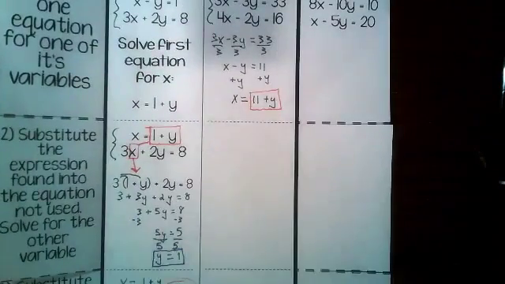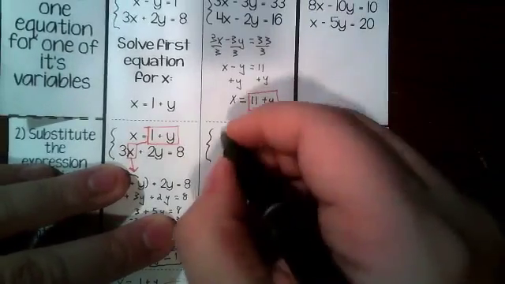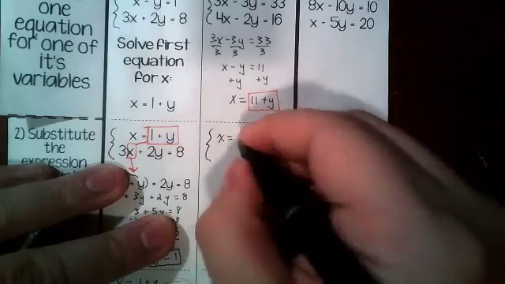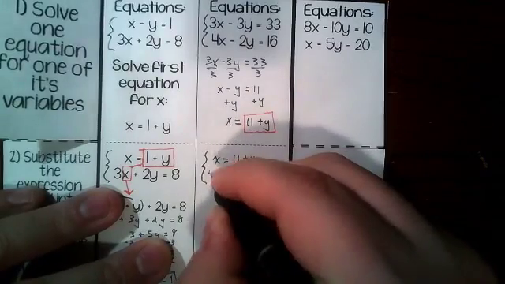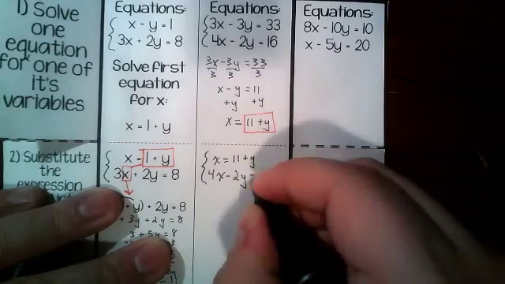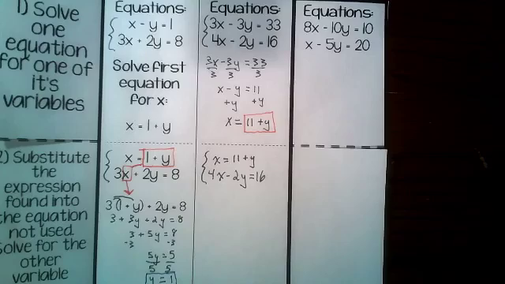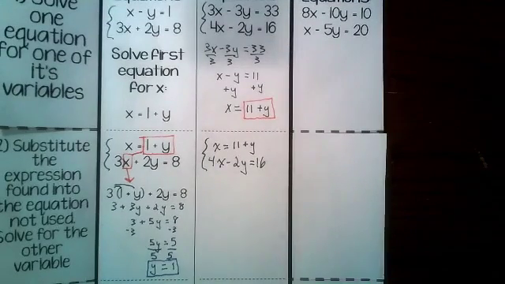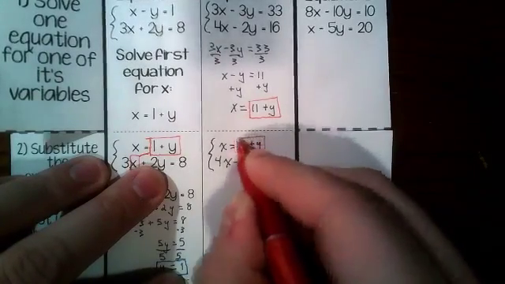And let's rewrite my new system here. X equals 11 plus y, and 4x minus 2y equals 16. And now, solving by substitution, I know what x is as an expression. It's 11 plus y.